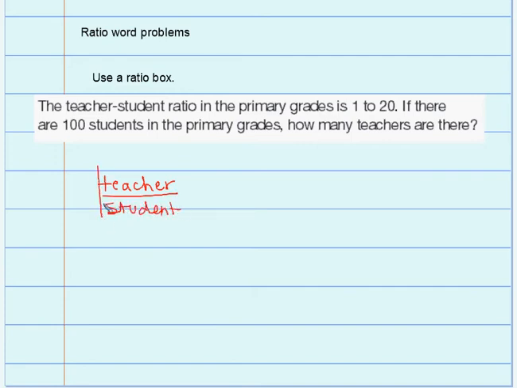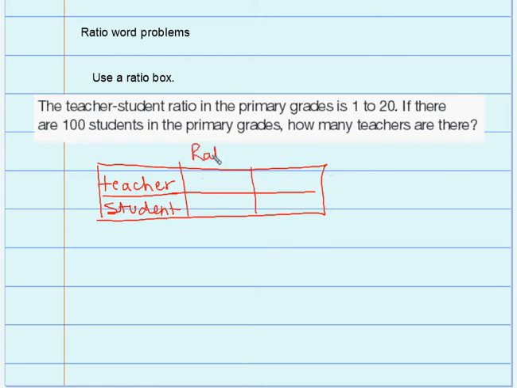Okay, so there are my labels, and I'm going to make a ratio box, and I'm going to have ratio, and I'm going to have actual. The teacher to student ratio in the primary grades is 1 to 20. If there are 100 students in the primary grades, that's actual students in school, so there would be 100. How many teachers are there? And that's where you put your variable.